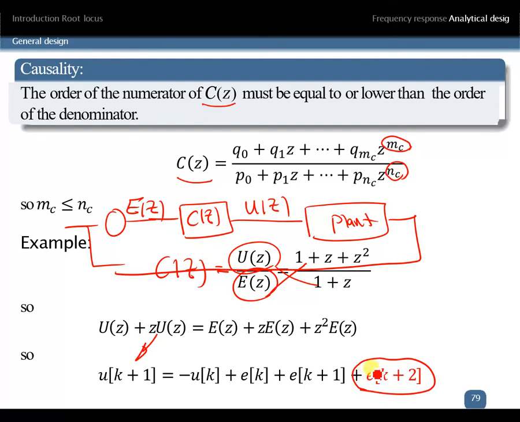Why is it not causal? Because you cannot have a past of the e(k+2).